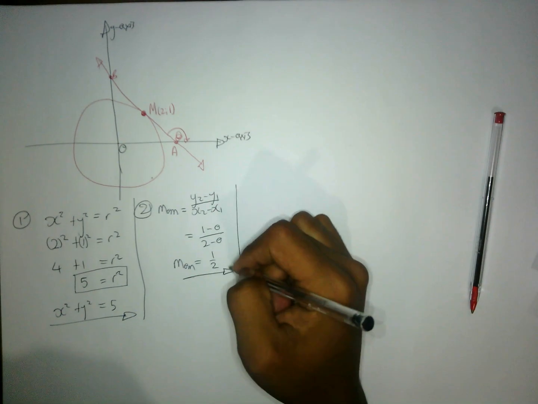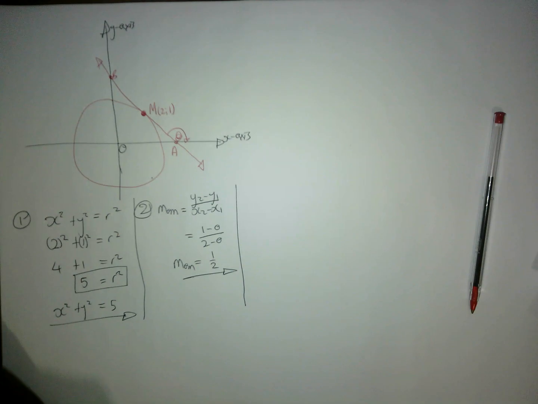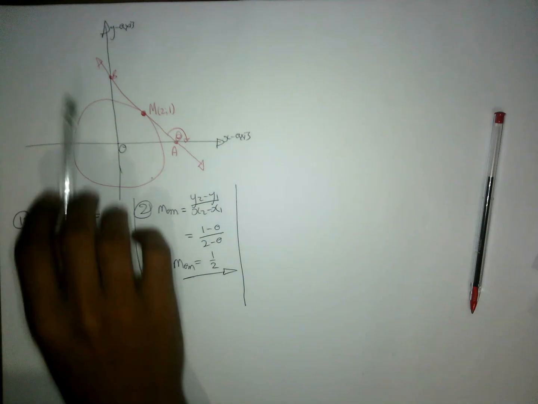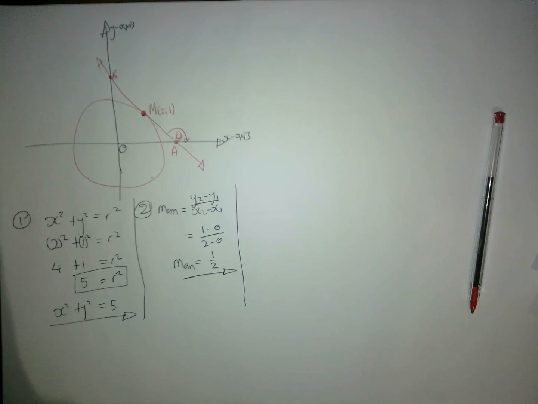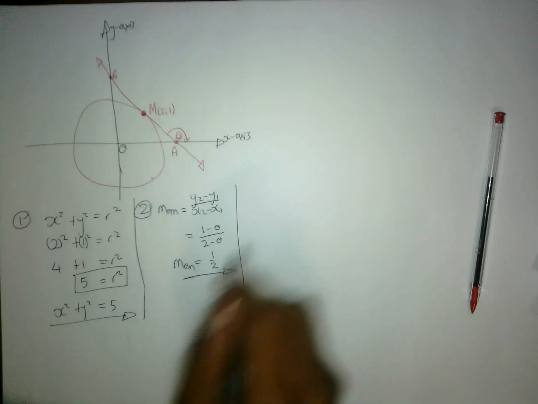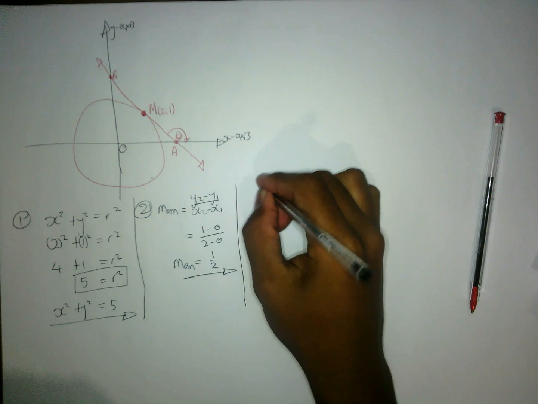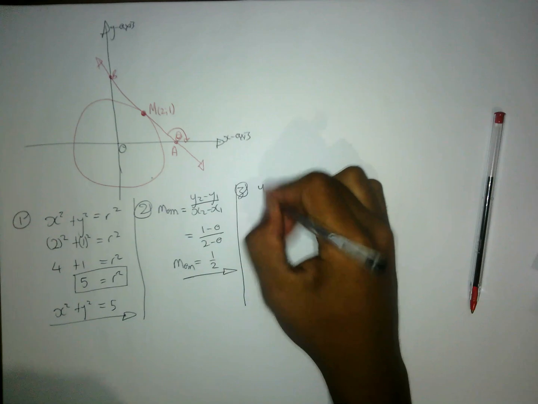For question 3, they are saying the equation of the tangent AB. They want the equation of this line, AB, in the form y equals mx plus c.